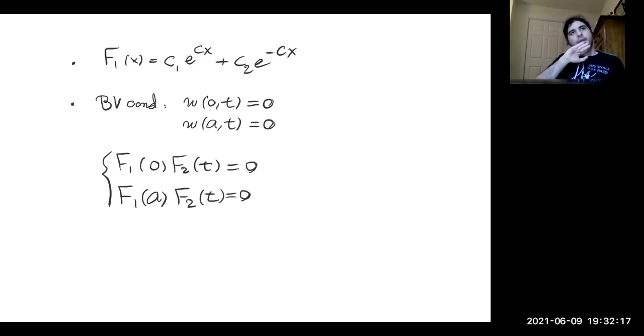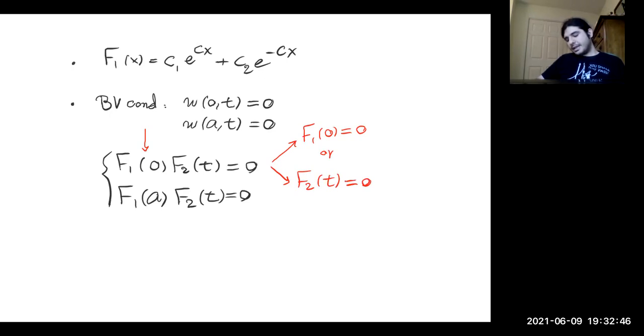Okay. So you see, the product of two things is equal to 0. So either f1 of 0 is equal to 0, or if that's not equal to 0, f2 of t should always be 0. So one case is to say f1 of 0 is equal to 0, or f2 of t is 0 for any t.